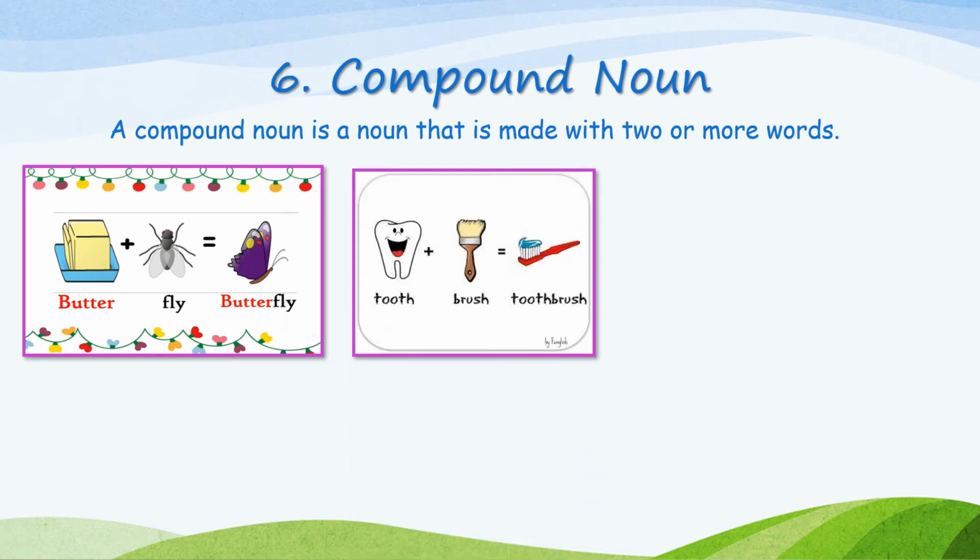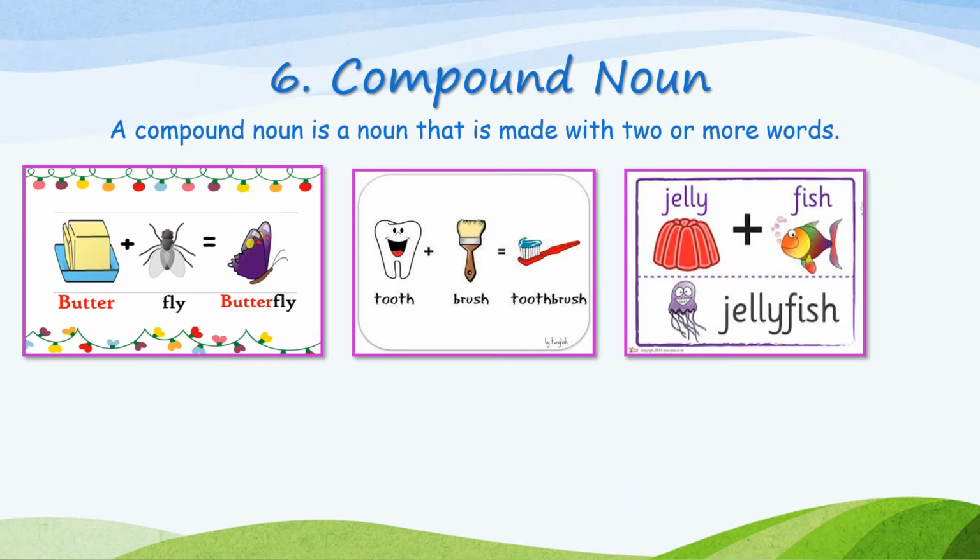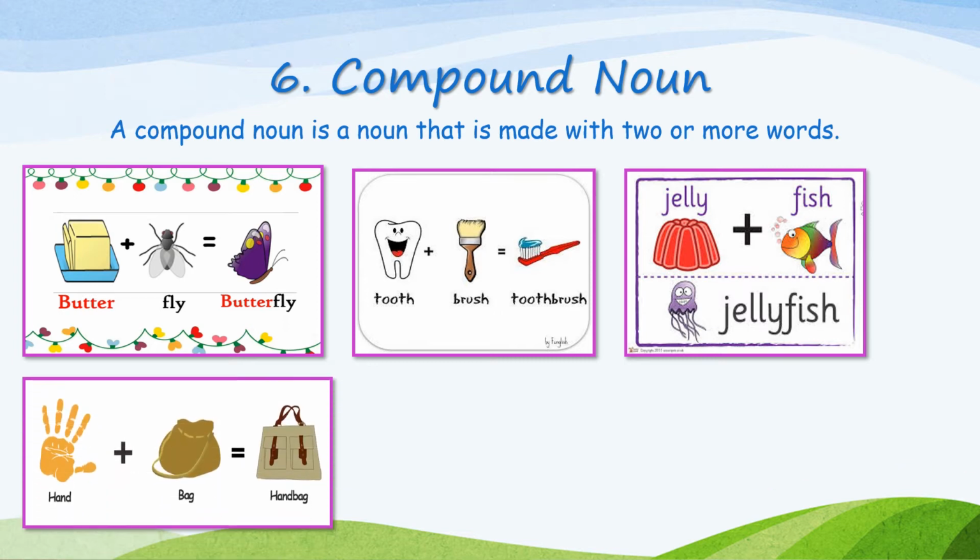Okay, another example, tooth alone and brush alone, but if we combine the two words, we are going to have the word toothbrush. Okay, jelly, we all know the jelly, and fish, and the combination between them, yes, gives us the word jellyfish.